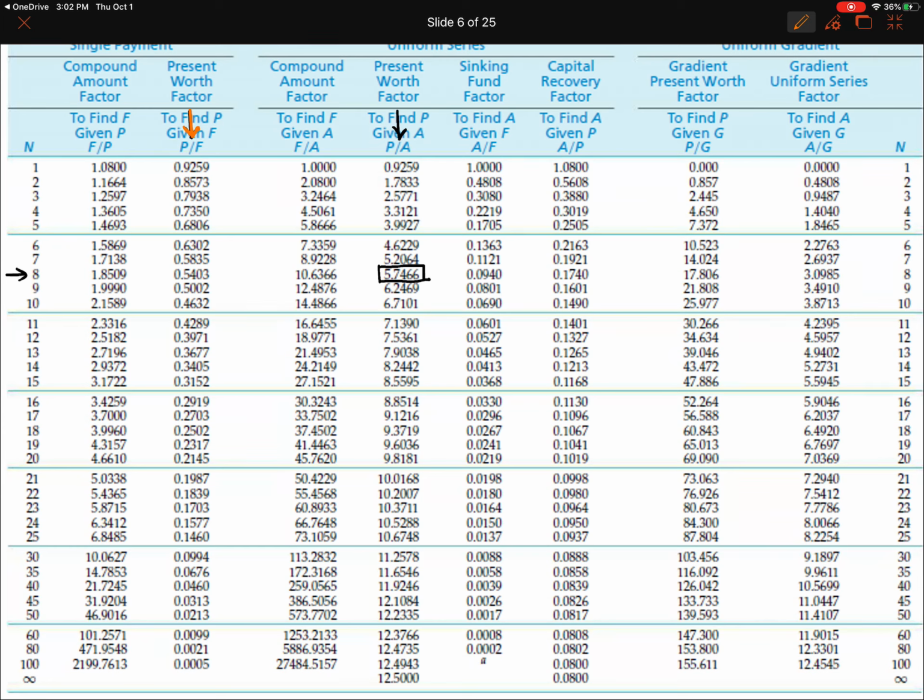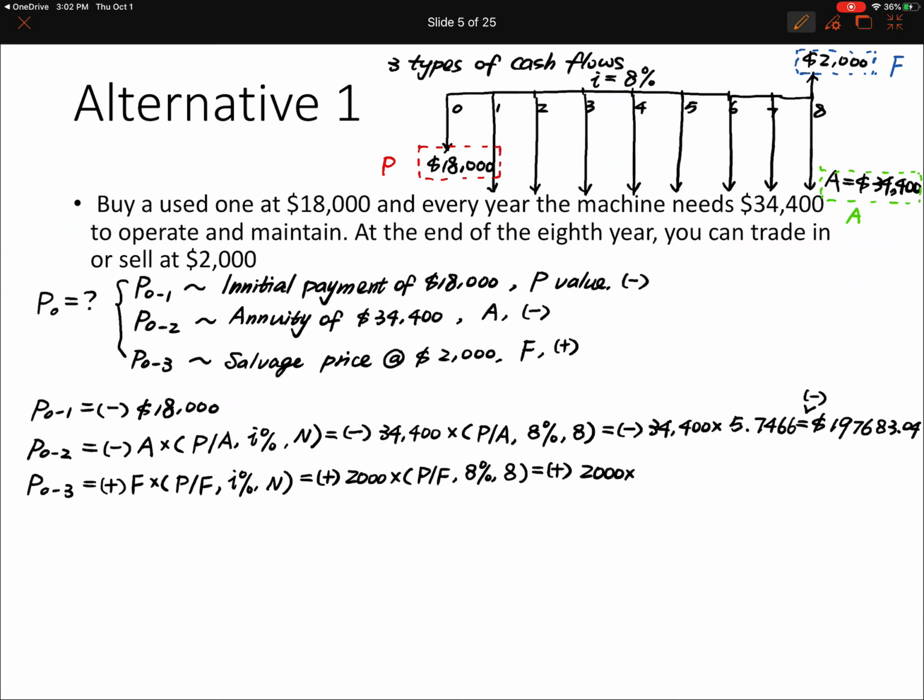Let's use another color. Okay, that's the column, and the number of years is still 8. So now the factor you're looking at is this. Okay, so just go back and then put it here, 0.5403.